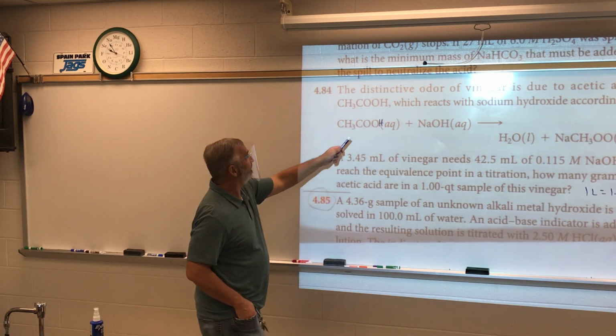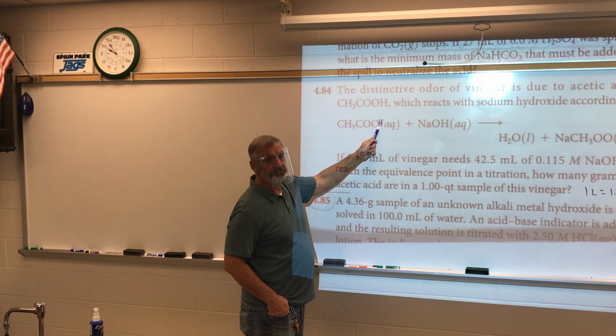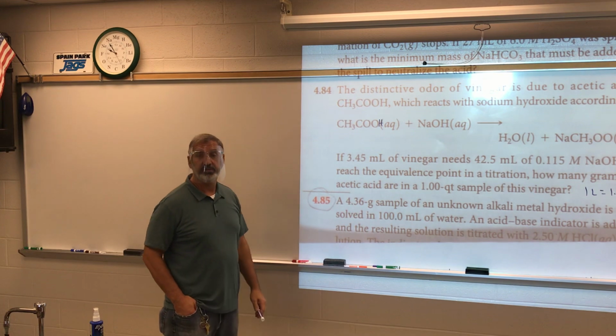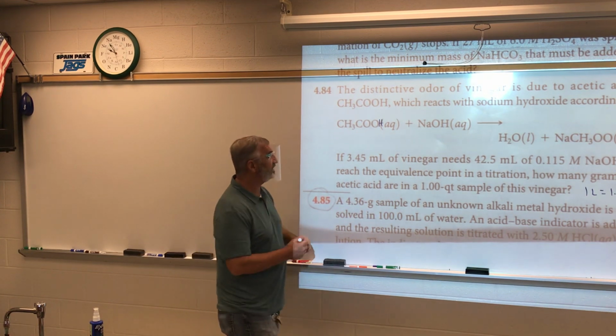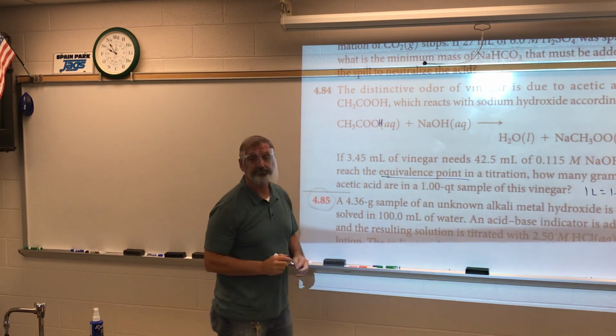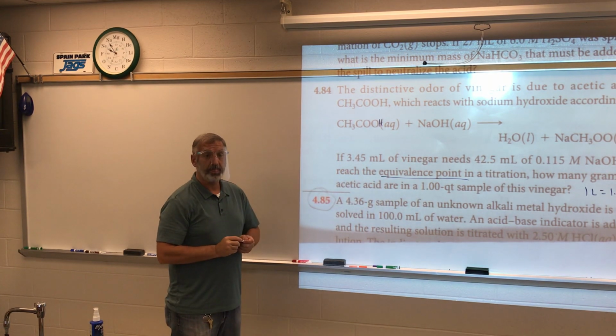So there's a typo there. There's supposed to be an H in that equation. But what's the mole ratio between those two? 1 to 1. So when we talk about the equivalence point, that's when moles of this equals moles of that. Okay?